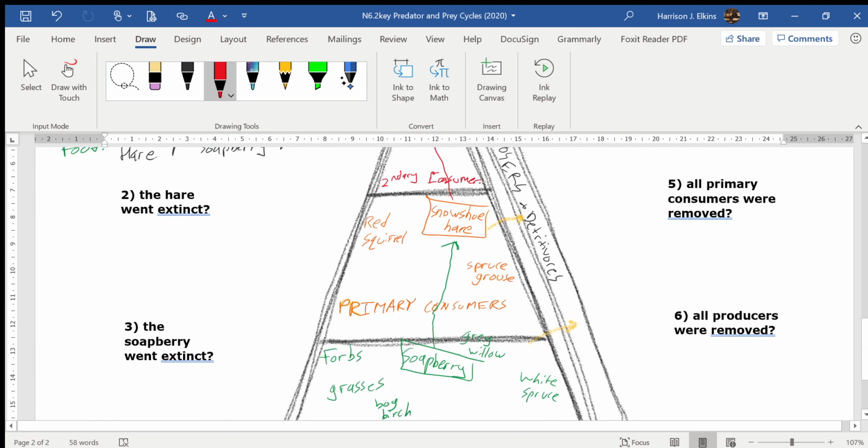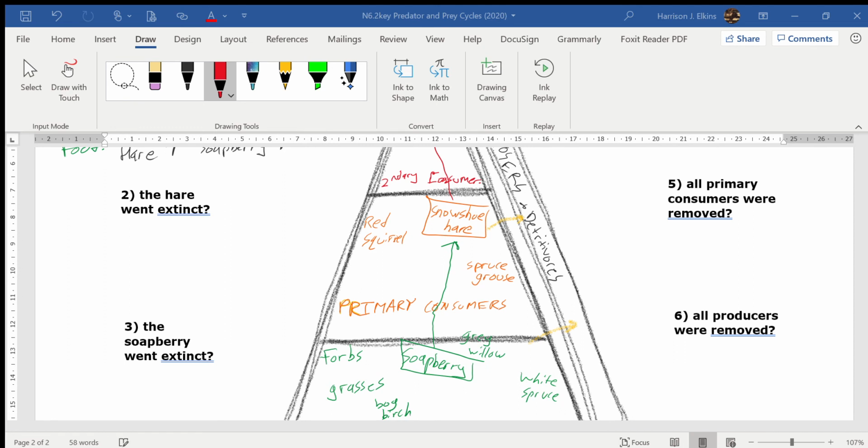The lynx would have to switch to other prey, right? Because there still are other things that the lynx is eating. If we look back at our diagram, let's highlight in red. What is the lynx eating? The lynx is also eating this bird, the ptarmigan. It's also eating the grouse. It's eating the ground squirrel.